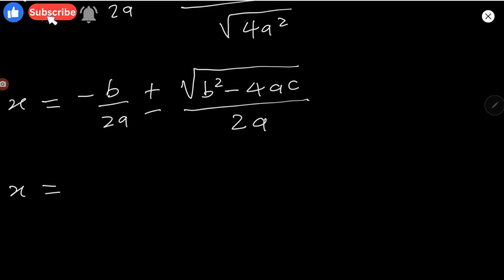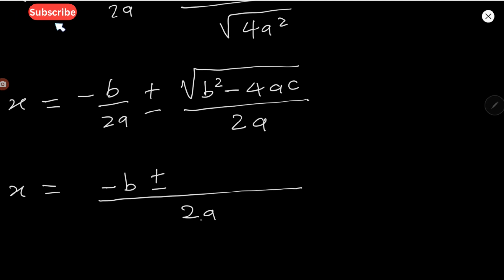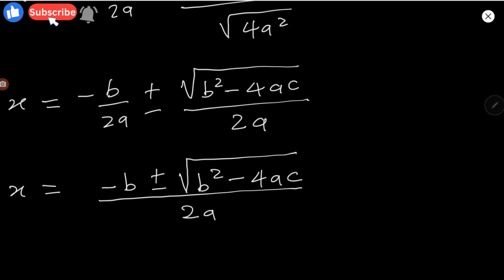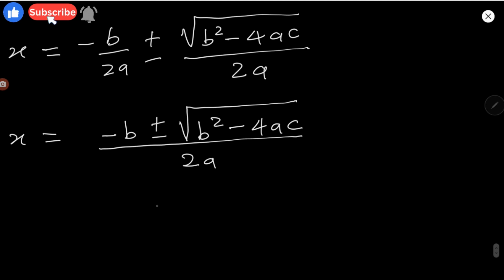So x will be equal to, the common denominator there is 2a, so 2a into itself is 1. 1 times negative b, it's minus b. So I'll have plus or minus 2a into itself, it's 1. 1 times this numerator, it's the numerator itself, which is the square root of b squared minus 4ac. So here we have our quadratic formula derived using completing the square method.